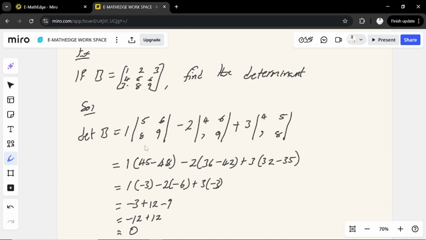So 0 is the determinant of the matrix B, which contains these elements 1, 2, 3, down to 9. So that is how to obtain the single value or the determinant of a matrix with a 3 by 3 size.